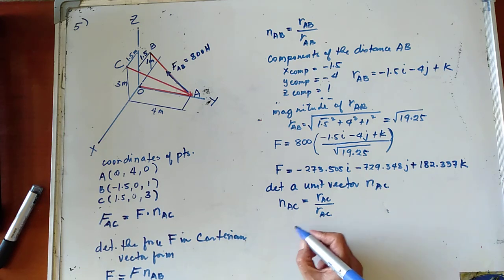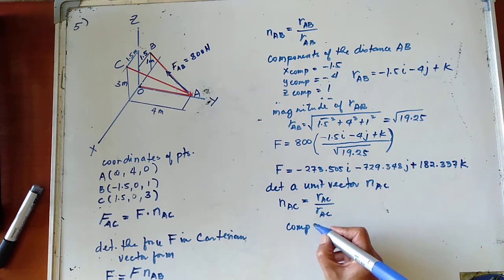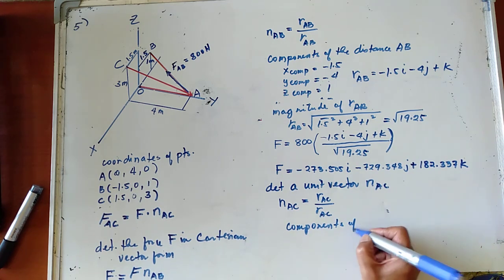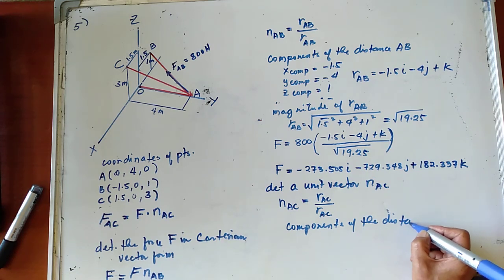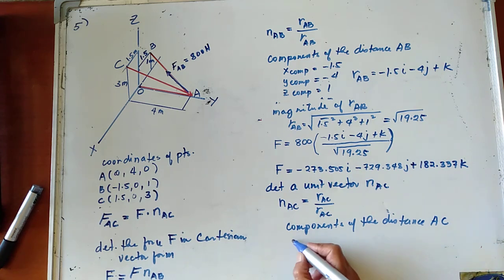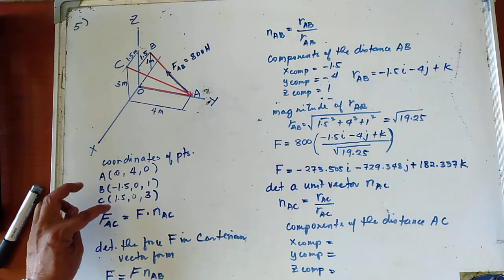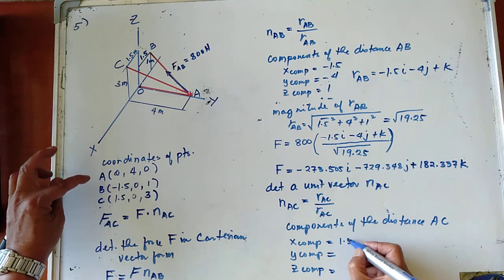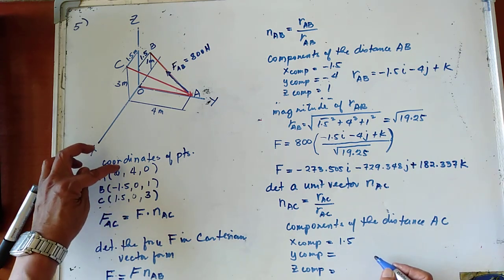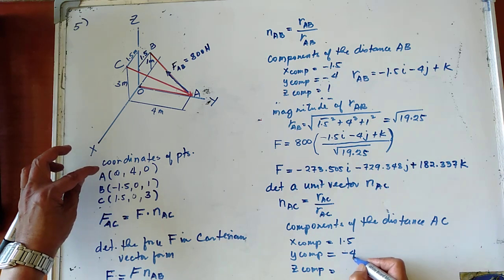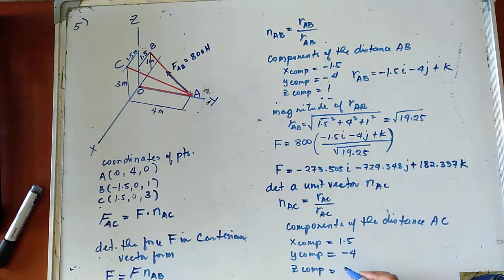Let's determine the components of the distance AC: X, Y, and Z. So for AC, 1.5 minus 0 is positive 1.5, 0 minus 4 is negative 4, and 3 minus 0 is positive 3.